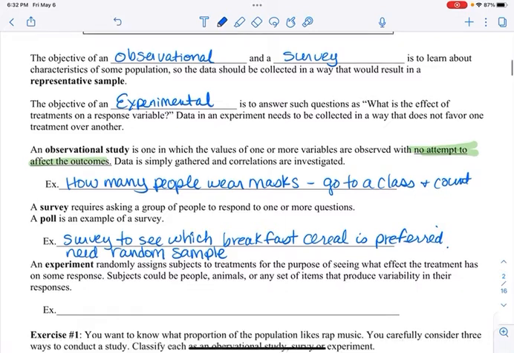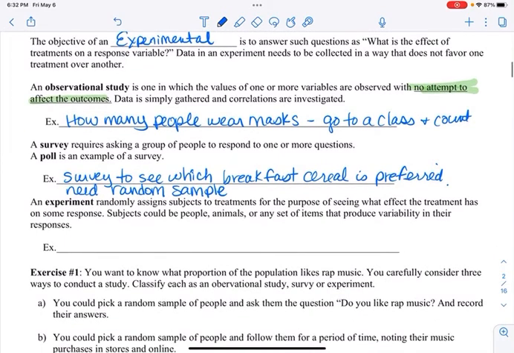An experiment randomly assigns subjects to treatments for the purpose of seeing what effect the treatment has on some response. So think cause and effect. The subjects could be people, they could be animals, or any set of items that produce variability in their responses. So say I have seeds and I want to test to see if a fertilizer works.